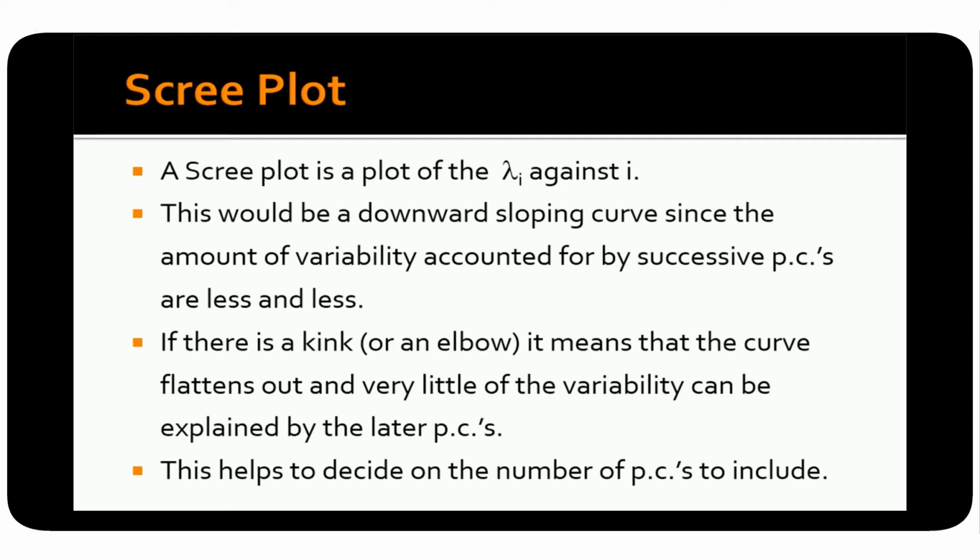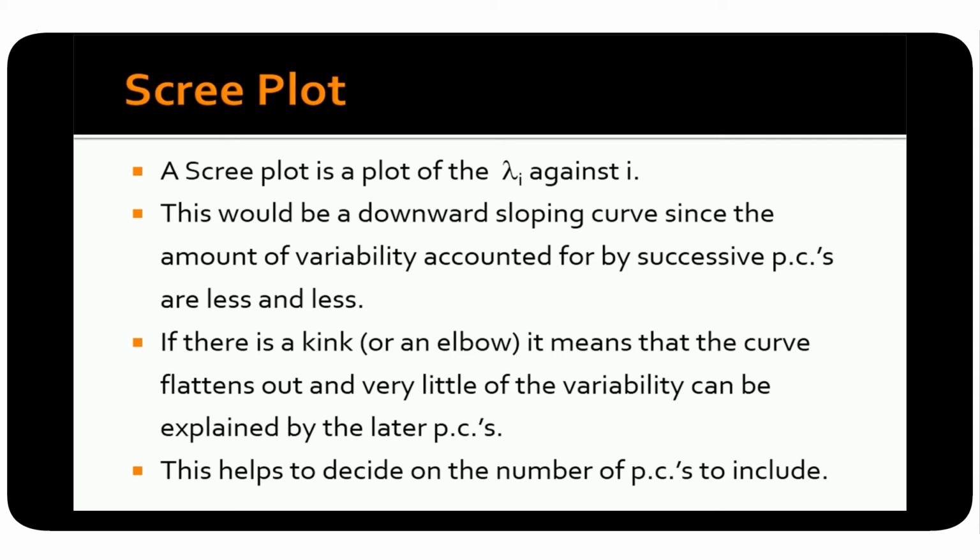If you have this hinge at this curve, it really means that before this point the eigenvalues are dropping very rapidly, and beyond this point it has straightened out or flattened out, and hence it is not falling very rapidly. So, you do not gain by going from one eigenvalue to the next one if you are beyond this elbow.